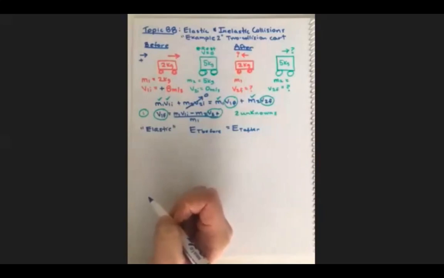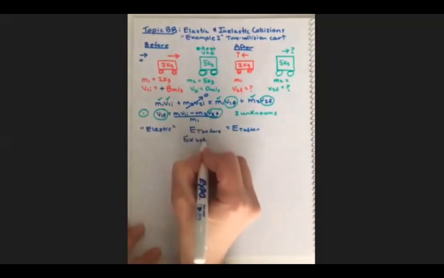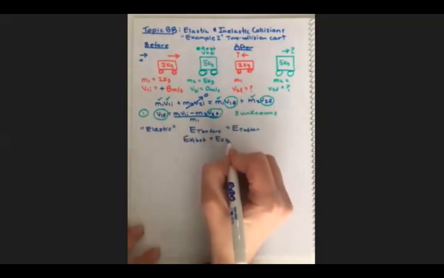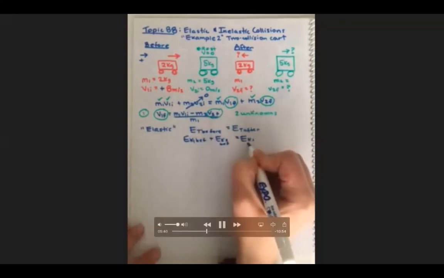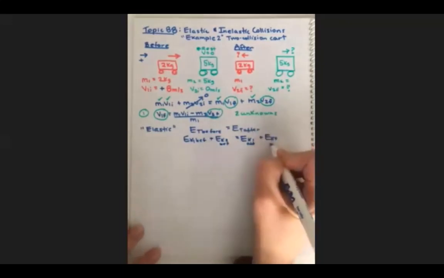So the only total energy we are considering is the kinetic energy. So the kinetic energy of object 1 before, plus the kinetic energy of object 2 before, equals the kinetic energy of object 1 after, plus the kinetic energy of object 2 after.